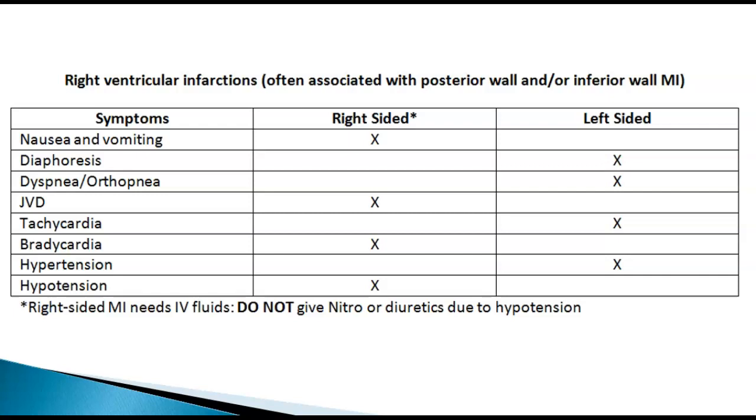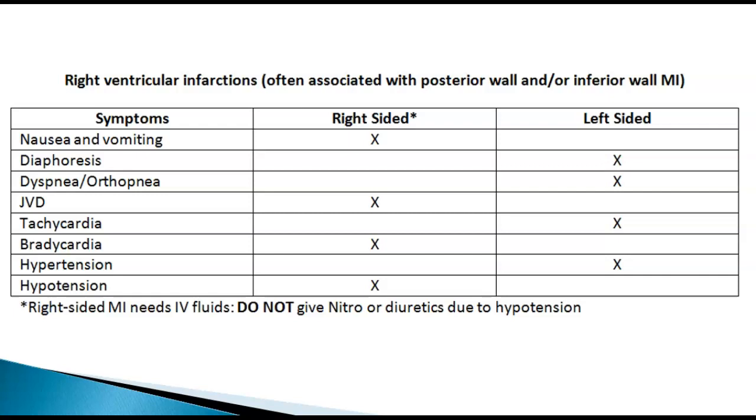You're going to have low cardiac output because that right side of the heart is where the SA, AV, and bundle of His run. So your brain might need some more blood. In order to get more blood, since your cardiac output is going down, you might have jugular vein distension. JVD is your body dilating that vessel to try to get more blood, sugar, and oxygen to the brain.